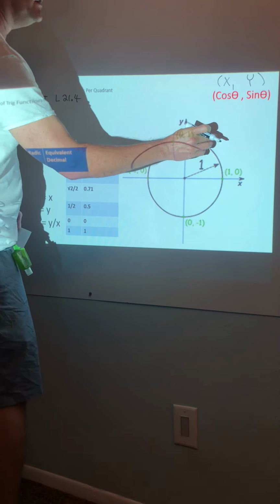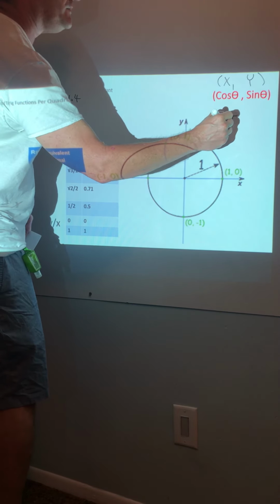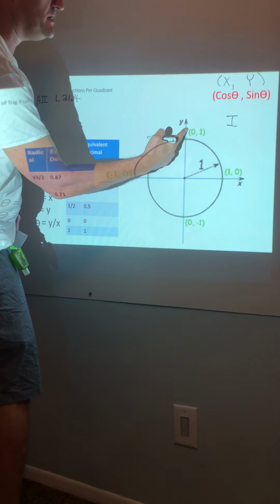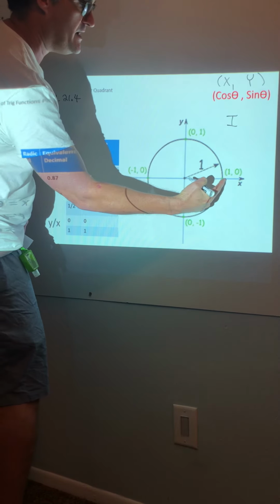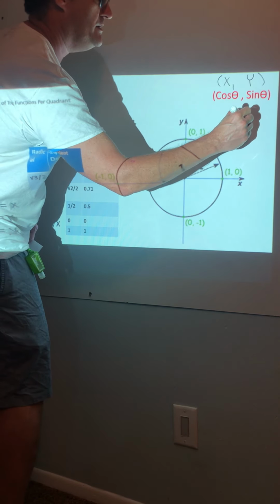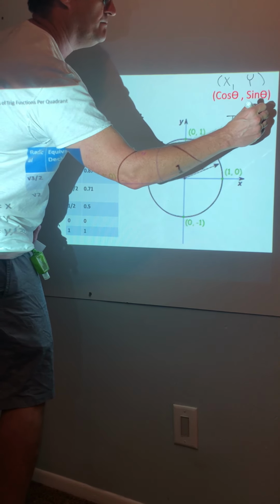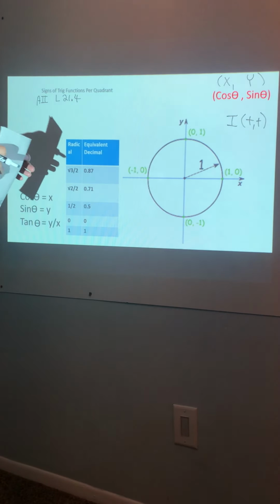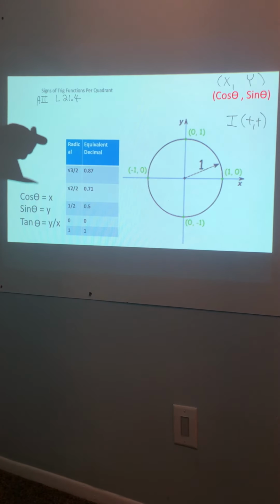Remember, this is quadrant 1 because all of the signs in this quadrant, not on the x-axis, not on the y-axis, but hanging out in here, are positive, positive. Today's questions are going to be this simple. I'm going to say, what's the sign of cosine of theta if it lands in quadrant 1?